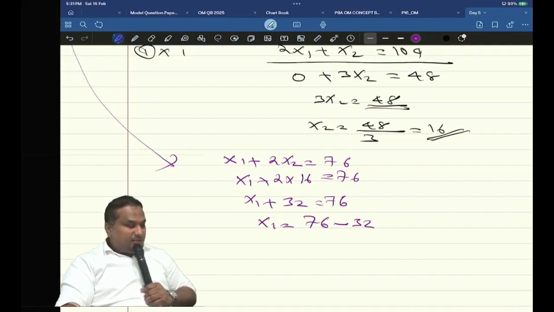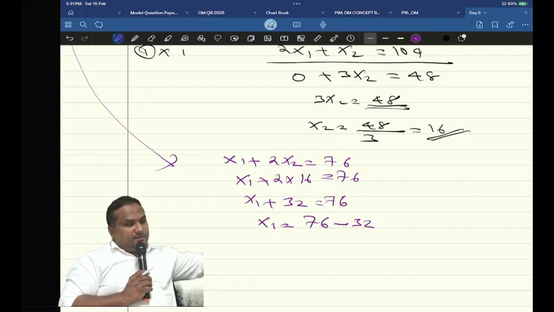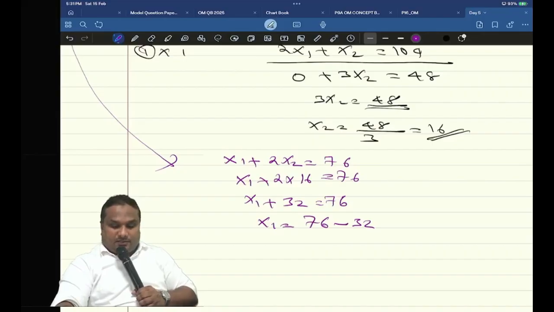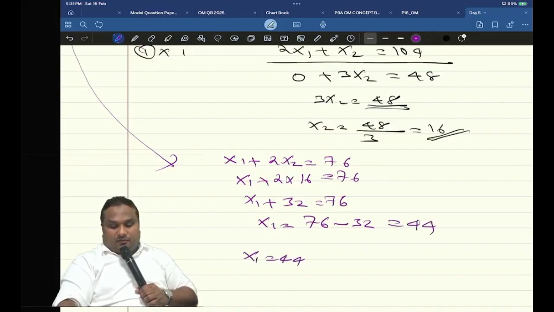I'm very poor in calculation. 76 minus 32 is 44. So x1 is equal to 44 and x2 is equal to 16.